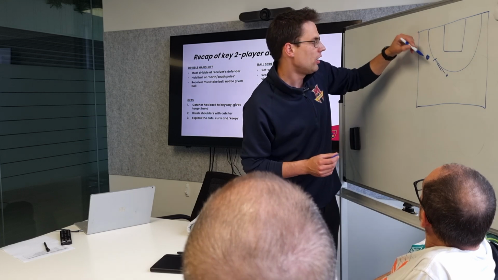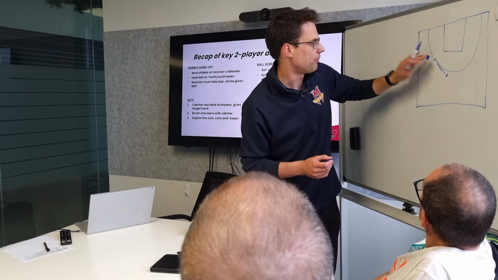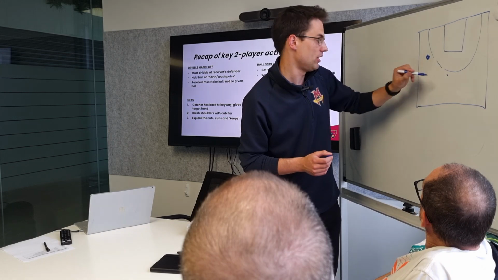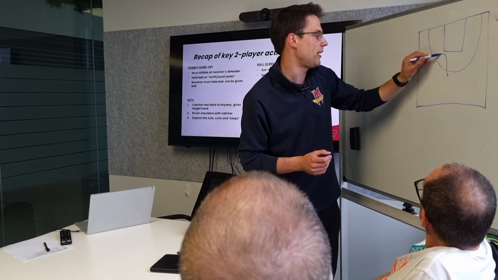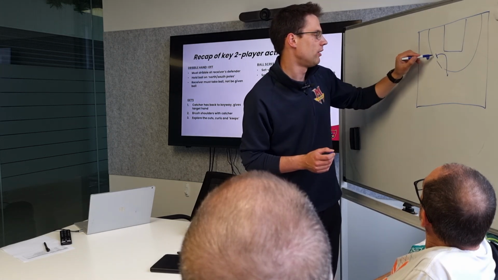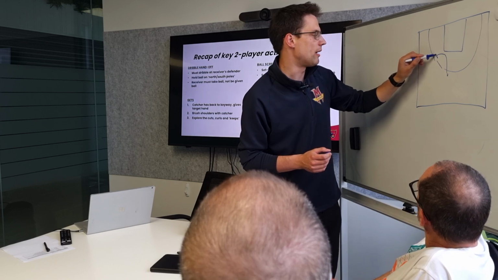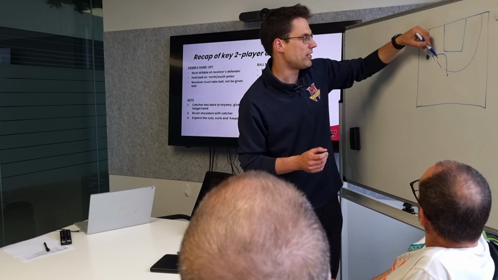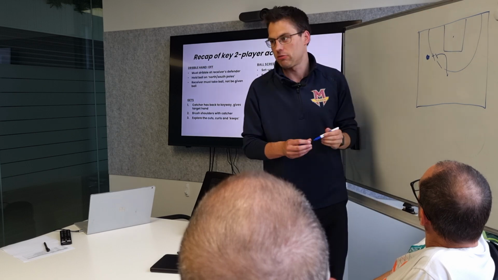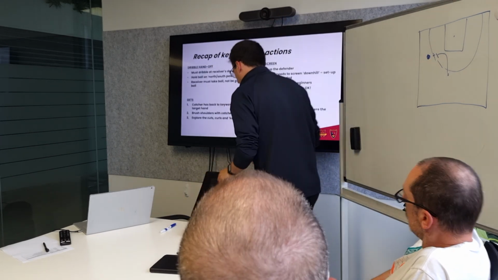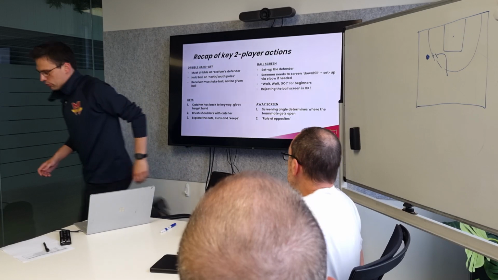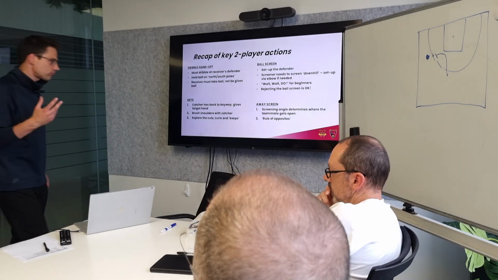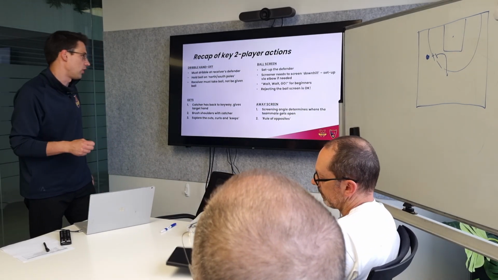But more commonly, we want to get them to the key, to the basket. So we want to step in and set that screen on the defender's, what we call their back pocket, okay, pointing our back towards this space where we want them to get open to. So that's one of the key teaching points I see with both dribble handoffs, but particularly screens as well, that we'll talk about as we go through.